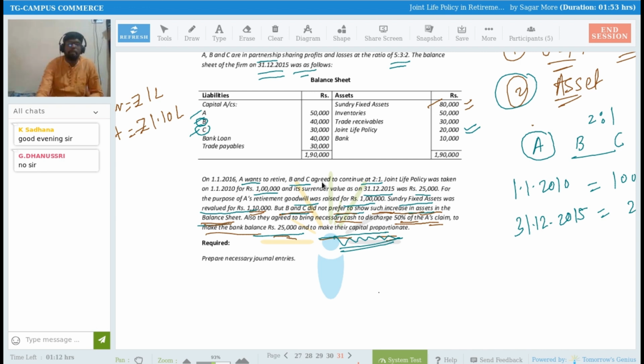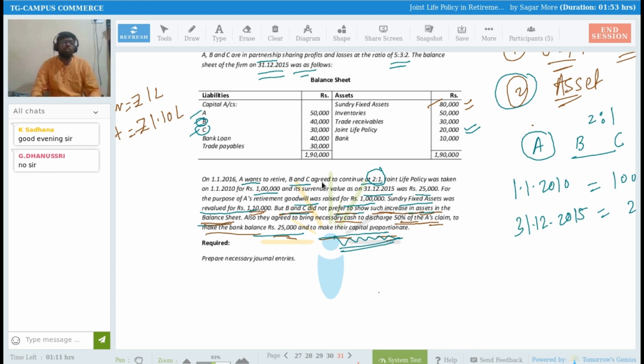Proportionate to what? To their profit sharing ratio. In simple sense, you have to bring such an amount of capital into the business that is proportionate to your 2:1 profit sharing ratio. Then, after making 50% of payment to retiring partner A, you should have 20 in your business bank account, right?